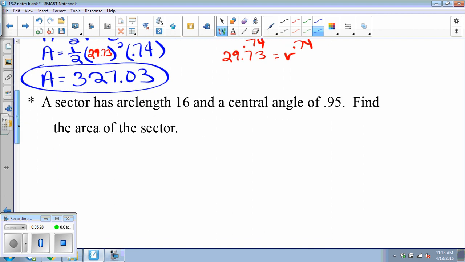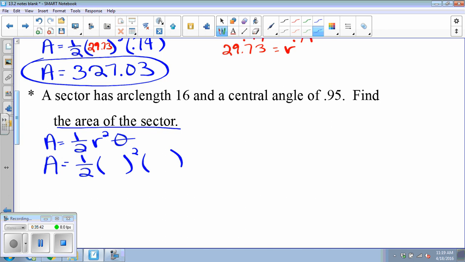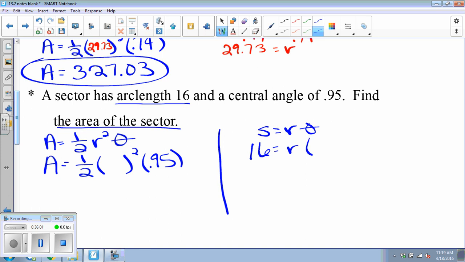Number 3's worked exactly the same way. Find the area of the sector. So I'm going to write area equals 1/2 r squared theta. Area equals 1/2 times the radius squared times theta. Well, they told me theta is 0.95. Central angle is 0.95. I have to find the radius. They tell me the arc length is 16. S equals r times theta. So 16 equals r times 0.95.